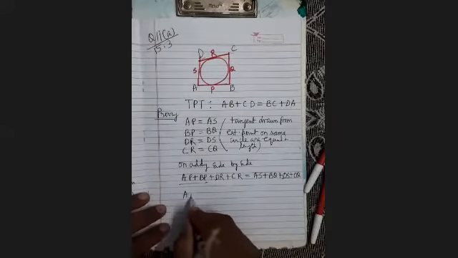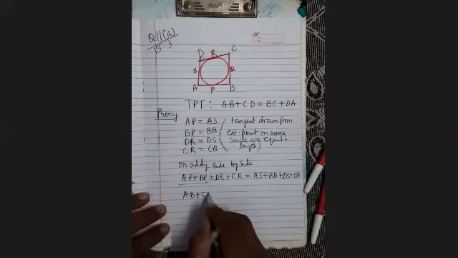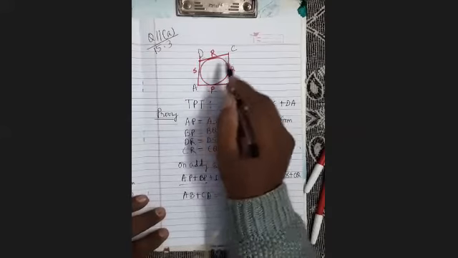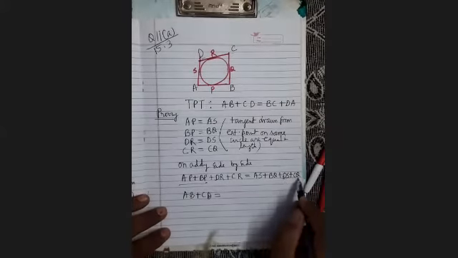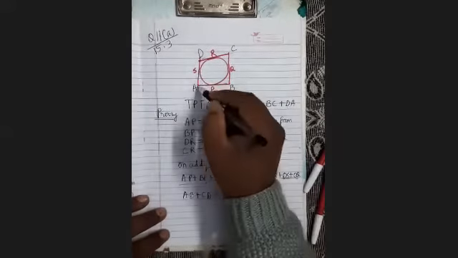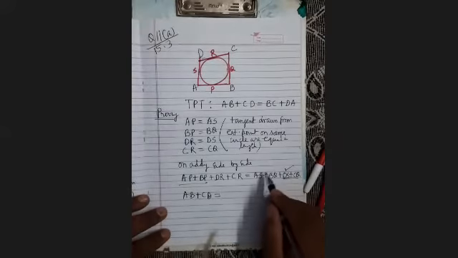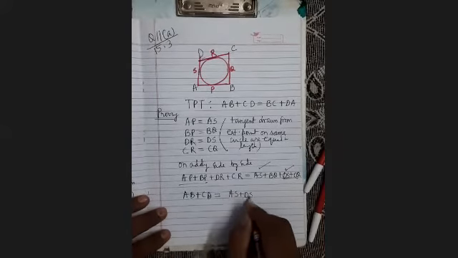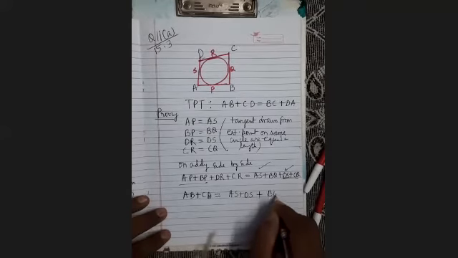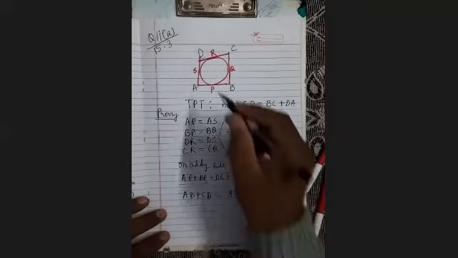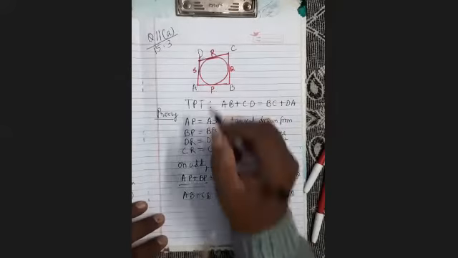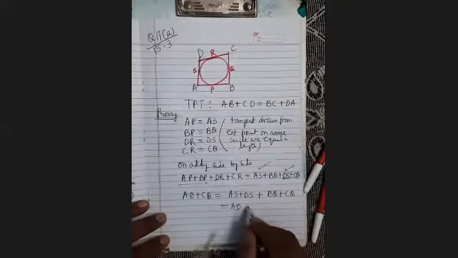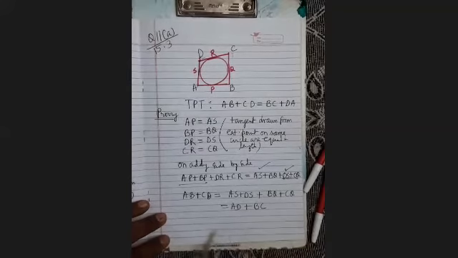So it will be AB plus CD equals, now DS and AS you write together, AS plus DS plus BQ plus CQ. So what is AS plus DS? It is AD. BQ plus CQ is BC. Hence proved.